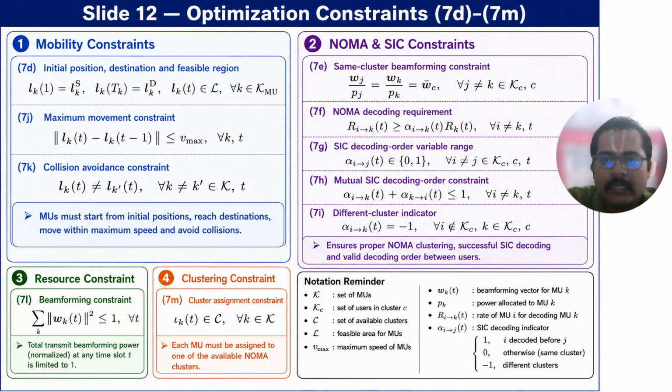Next, same cluster beamforming constraint, then the decoding requirement, and next is decoding order. So these are the constraints. If you understand basic optimization theory and also basic communication theory, combining these two, you can better understand what is optimization and how it can be applied.